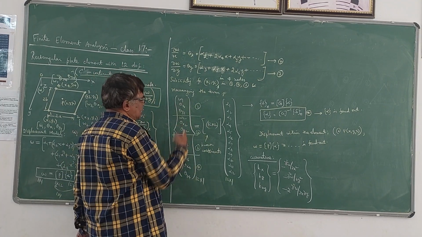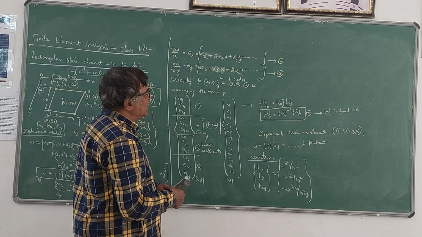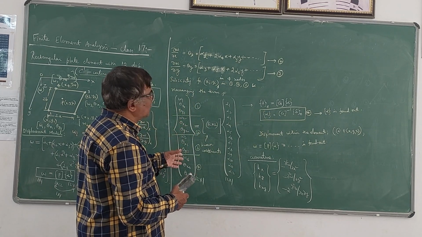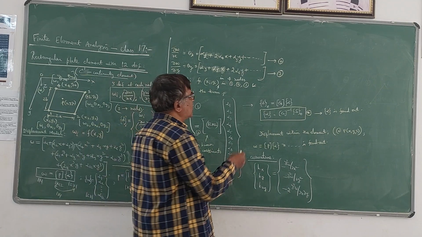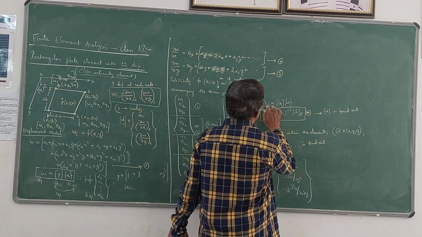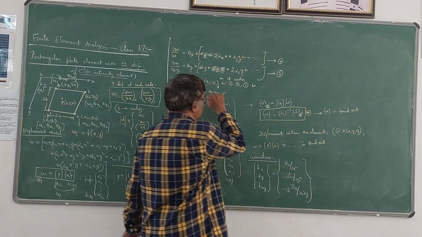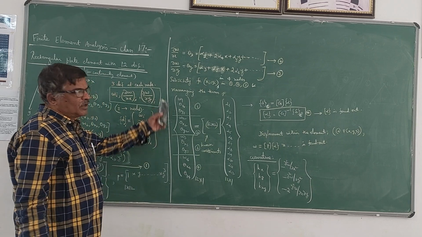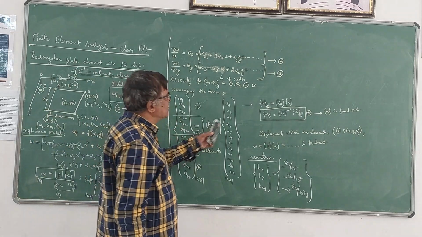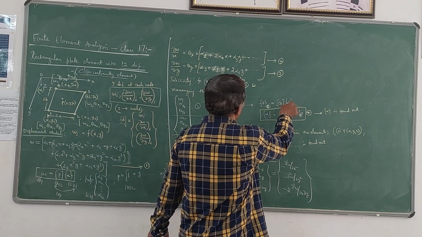Then this can be written as delta E, where E stands for element. There are four nodes here, so 12 degrees of freedom are there. So delta E is equal to this matrix, which I call G, the coefficient matrix, into alpha.